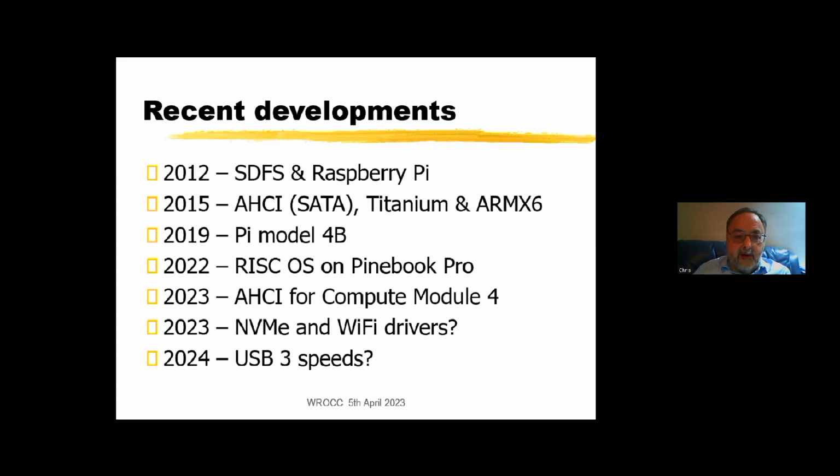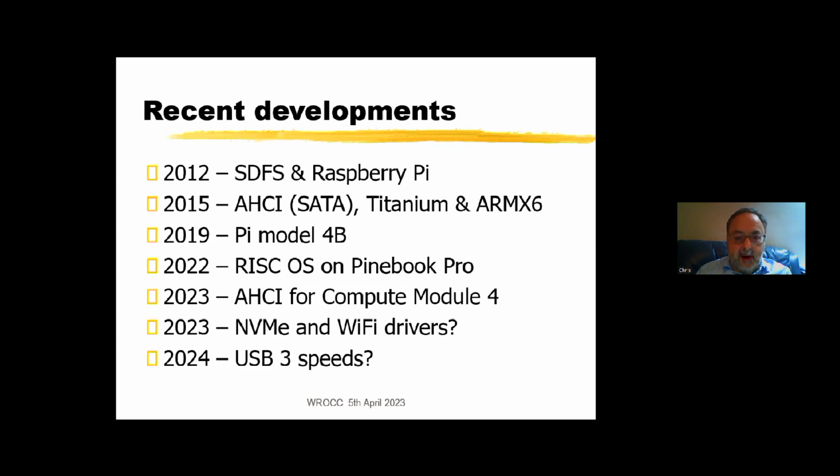A few years later, the Titanium came out, and the ARMX6, and a SATA driver was written using ADFS for the Titanium and SCSI for ARMX6. That was quite a reasonable increase in speed. And then the Pi Model 4B really was quite significantly faster.